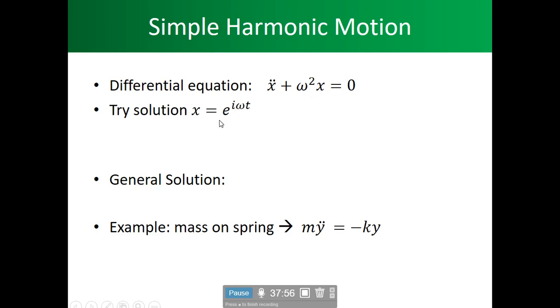Just like we just found out a few seconds ago, it'll bring down omega i, and this will stay the same. That's for your velocity. Then you take the second derivative, and it'll be i squared omega squared times this. See how simple that is? I know you can do it. You're a brainiac. Same thing here: when we're talking about a spring, we're going to be taking the second derivative again.